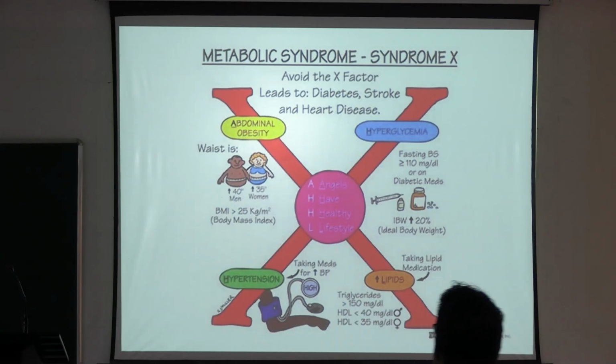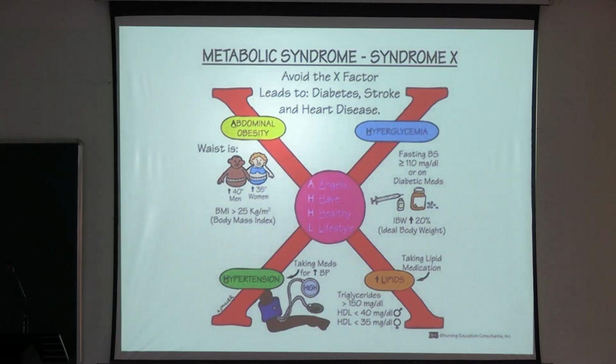So when the body mass index is more than 25, or when the waist is more than 40 for men and 35 for women, when the fasting blood sugar is more than 110 or on diabetic medicines, when the patient is taking lipid medication, when triglycerides are more than 150, HDL is below 40, and hypertension, taking medicines for BP.